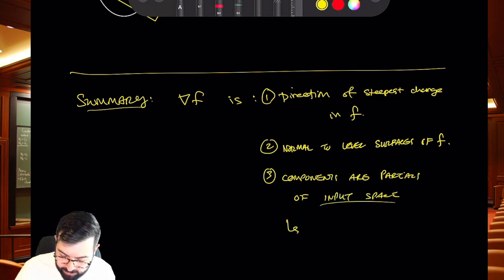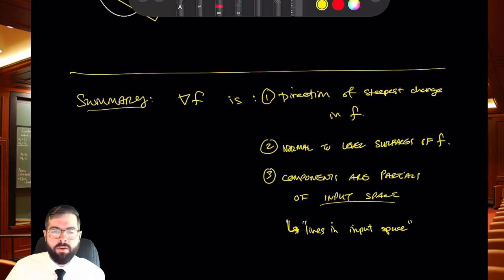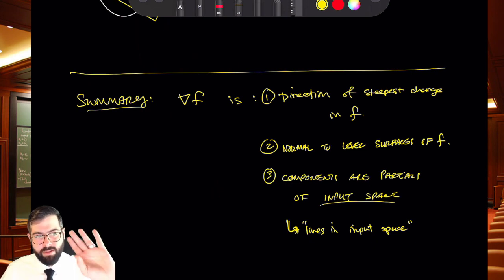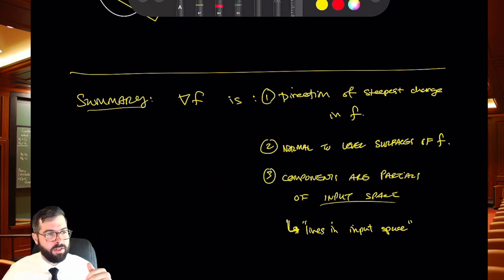Which means that it lives in the input space. We just saw that, right? Because we were able to take a 3D surface, but pretend that we were in the input space for some 4-dimensional function, and then use the gradient here to find the normal vector and then the tangent plane.